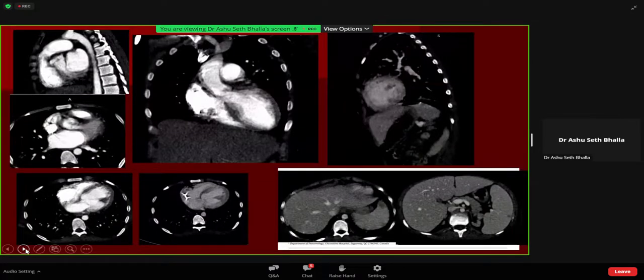Again, on a non-gated CT, we didn't pick up these findings. The findings came from the echo, but in hindsight, you will be able to see the findings. If you look at the aortic valve, it is very thickened. Similarly, near the papillary muscles you can see some filling defect. Near the interventricular septum also, there was thickening.